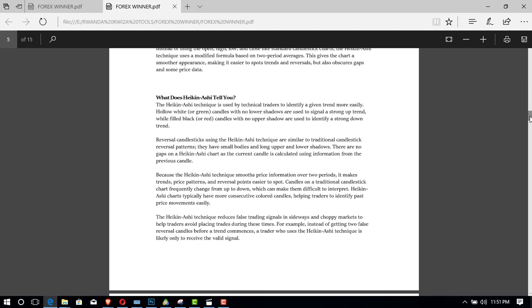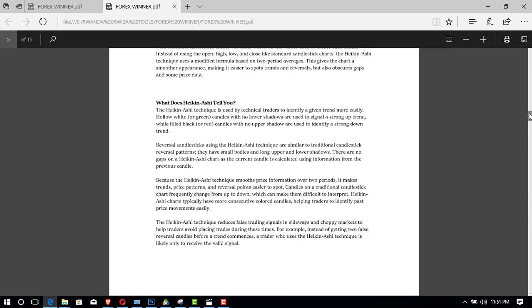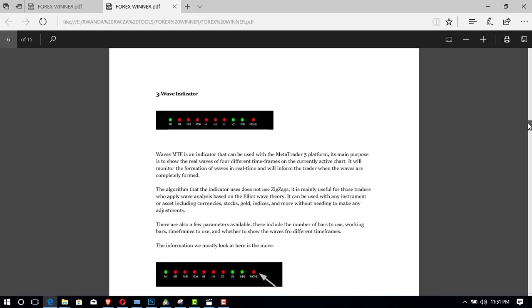Here on the screen we have a black table, we have a blue arrow and a red arrow. The blue arrow shows you the market is going up, and the red arrow shows you the market is going down.